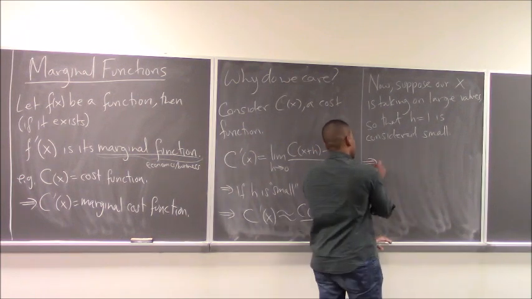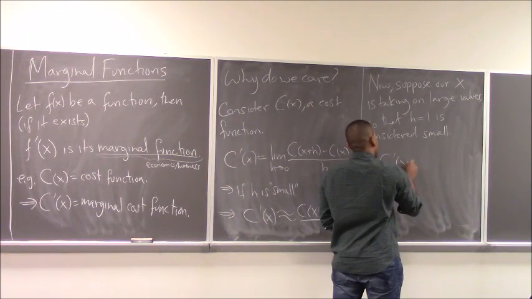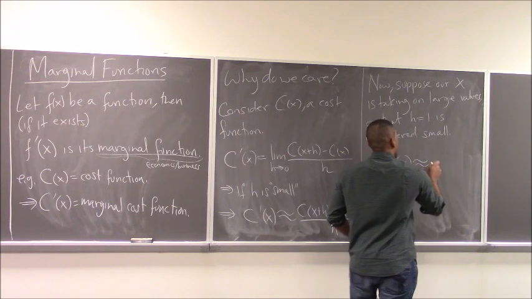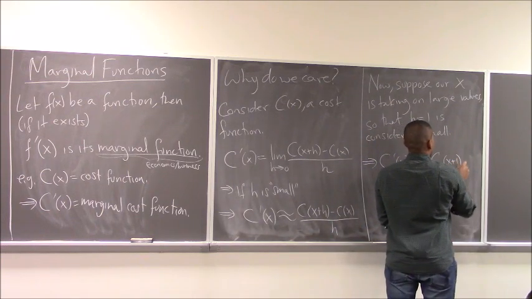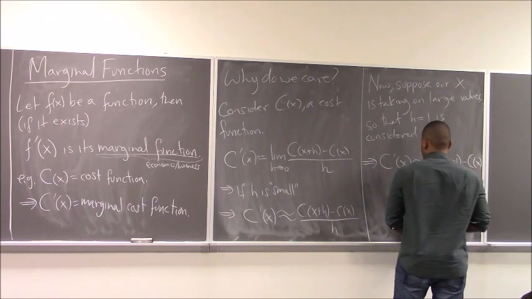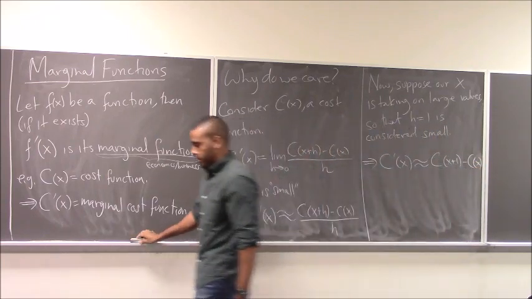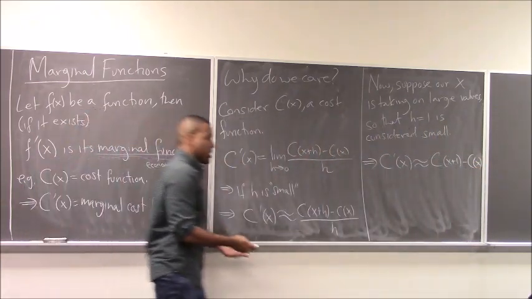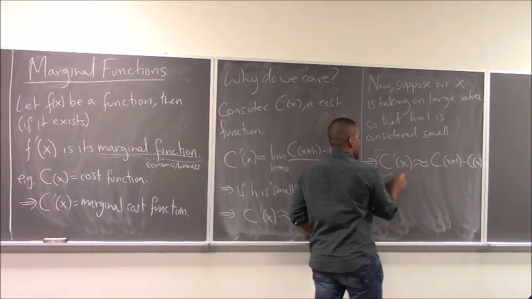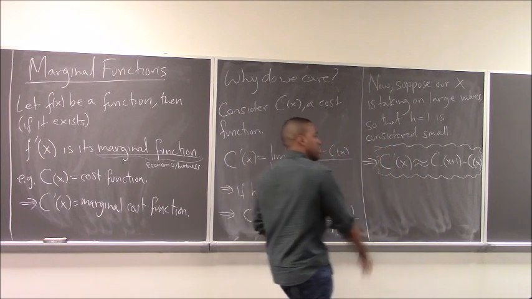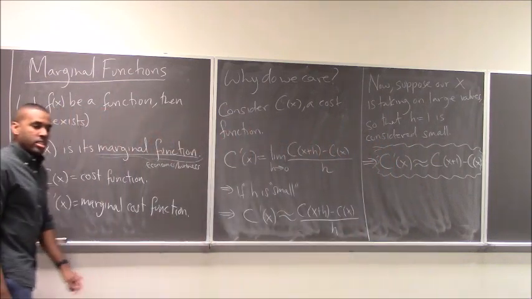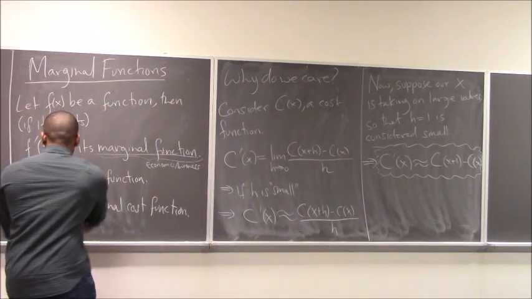And so in that situation, you end up with c prime is approximately equal to, literally just plug in h equals 1 into this formula. And this is the essential equation in the marginal function interpretation: that the derivative actually approximates that quantity.